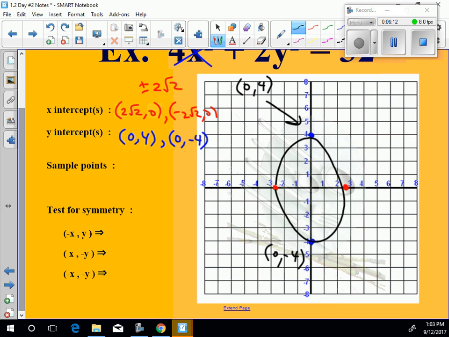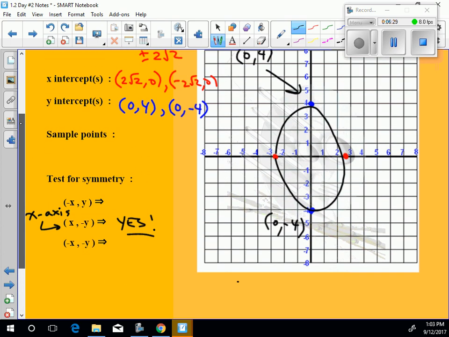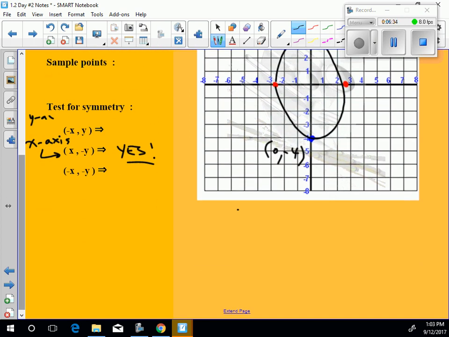Sweet. So this is x-axis symmetry, yes. I could test it in a couple different ways, or I could just look at the points. Does it have y-axis symmetry? Yeah, the two red points reflect directly on each other. Yes, it does. Does it have origin symmetry?